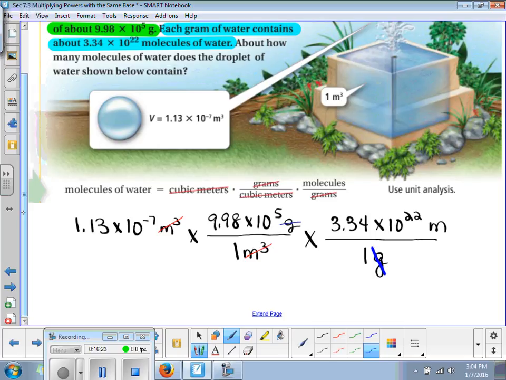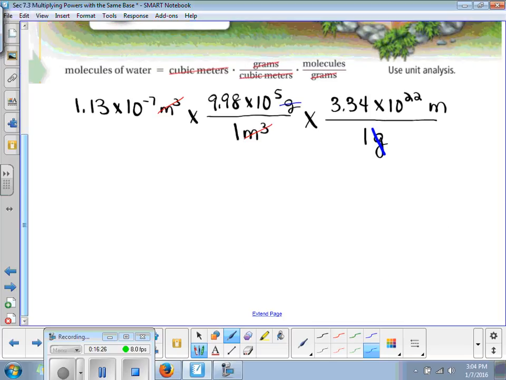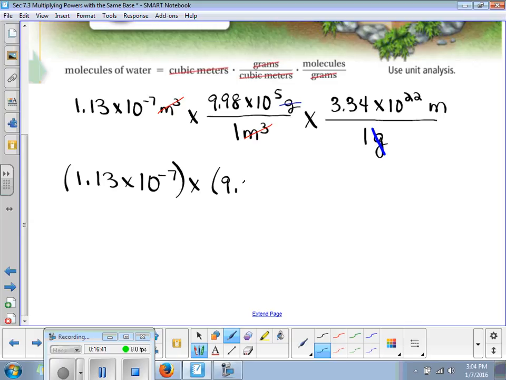So let's do it. And I'm going to rewrite it just to clean it up a little bit, okay? So we've got 1.13 times 10 to the negative 7, if I put parentheses here, times 9.98 times 10 to the 5th times 3.34 times 10 to the 22nd molecules. Does it look familiar?